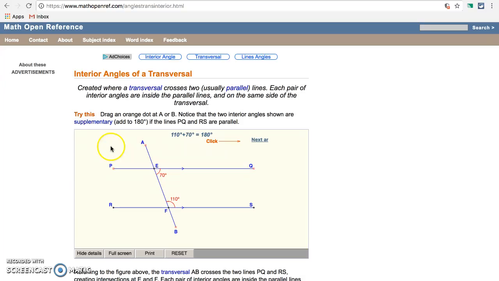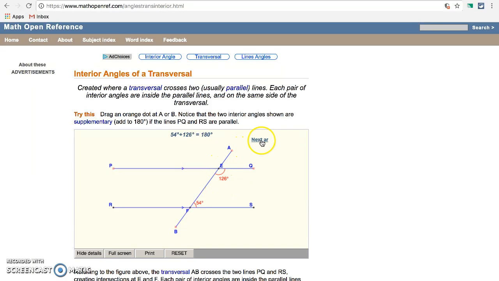And we have some orange dots here, and if we click on one of the orange dots, we're able to drag the transversal, and anywhere we release it, you can see that the two interior angles add up to be 180 degrees if the two lines are parallel.